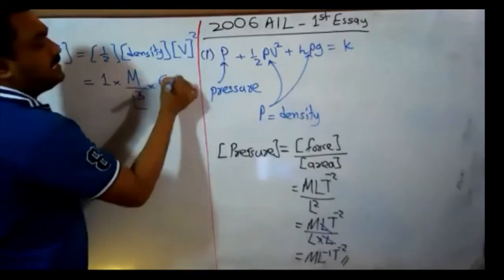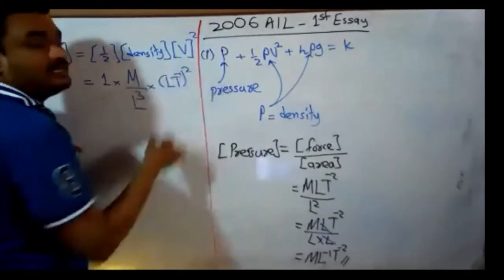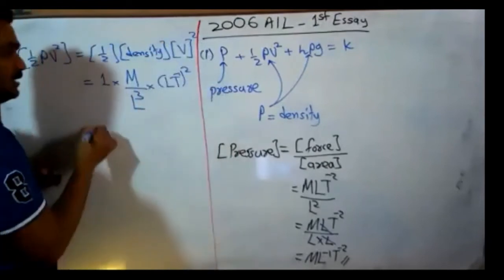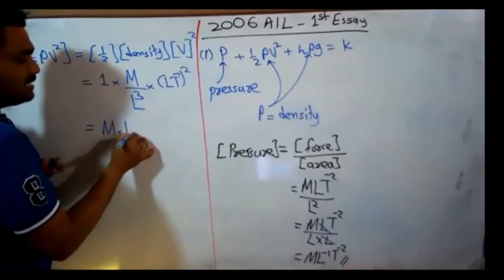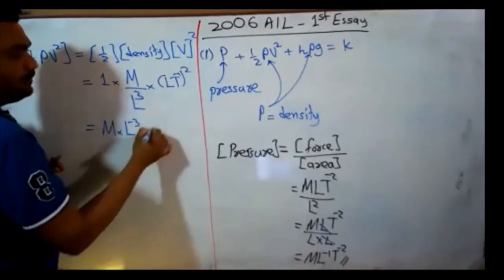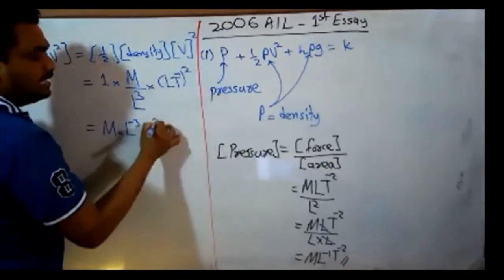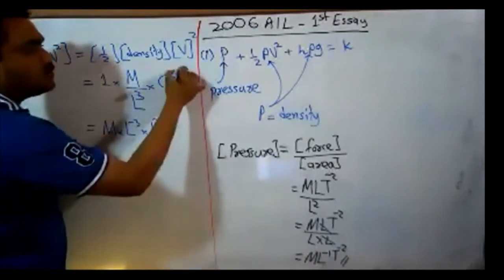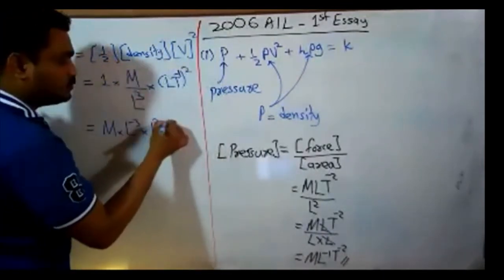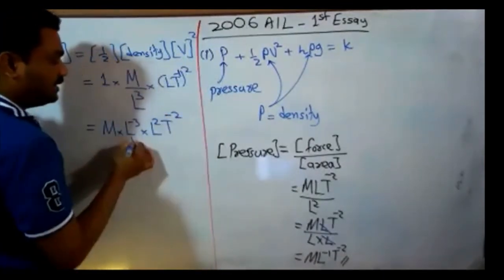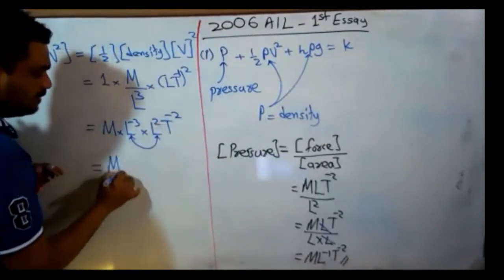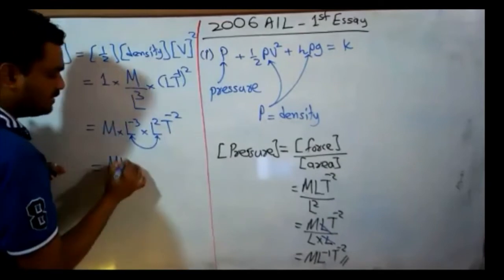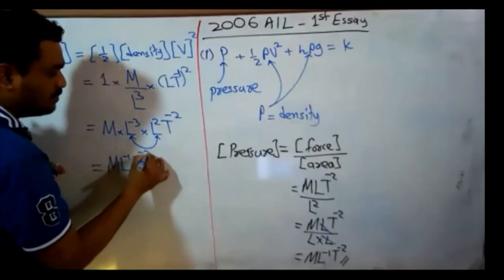Velocity is LT minus 1, and we have to square it. So M L to the power minus 3, square of L is L squared, square of T minus 1 is T minus 2. L to the power minus 3 plus 2 means minus 1. So ML minus 1 T minus 2.